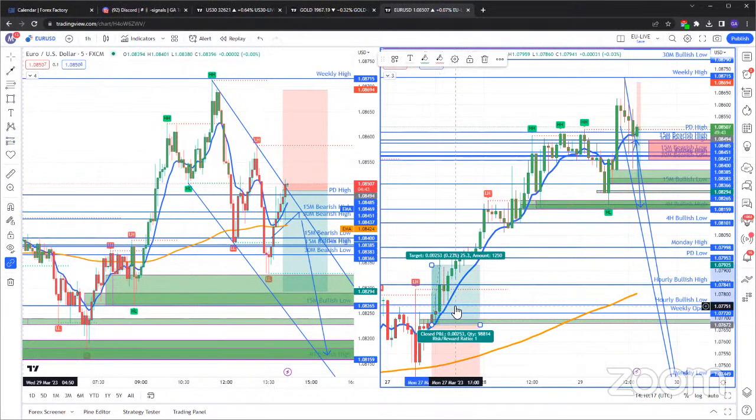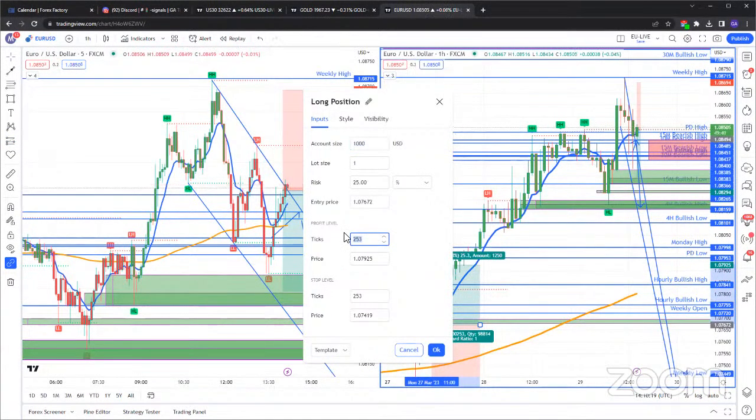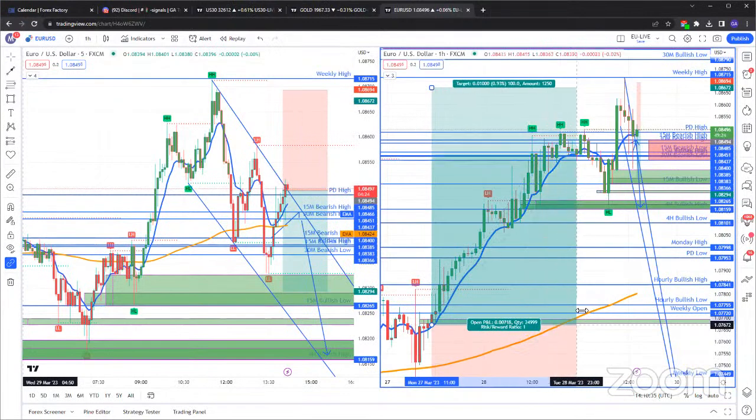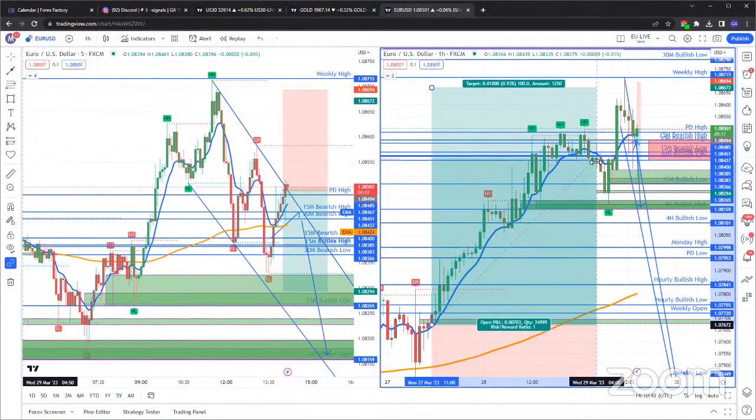So this movement. So this is around, what is this? Around, is it 100 pips? No. 672.